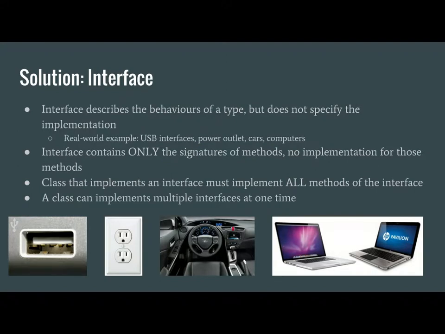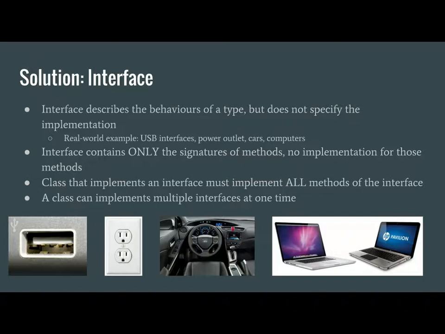So an interface, let's say the real world interface, for example, like a USB port, power outlet, a car driving system, and the computer. What an interface does is that it gives you an abstraction, or gives you a certain behavior. It describes the behavior, but does not implement that. What does it mean? For instance, take a look at this USB port.